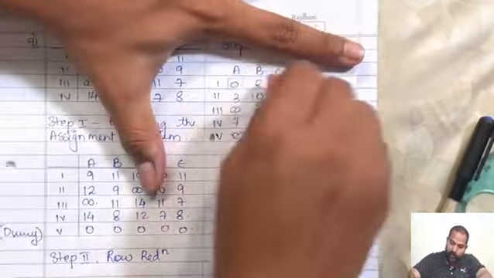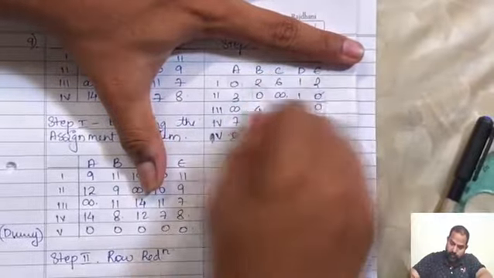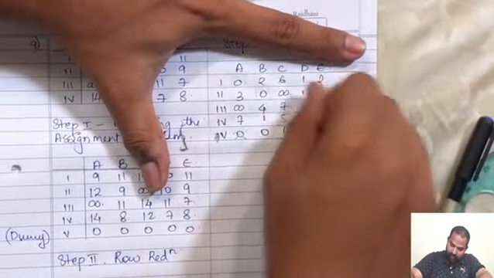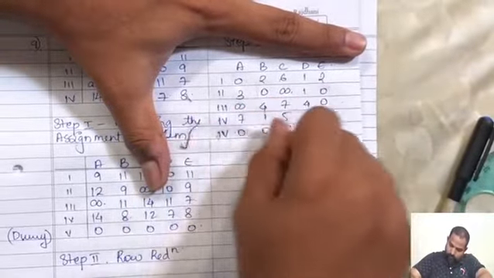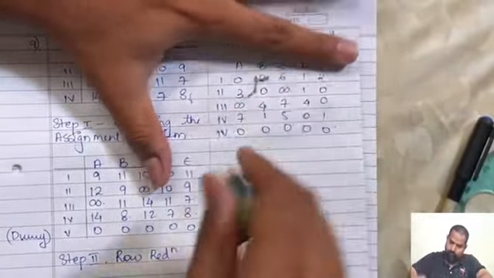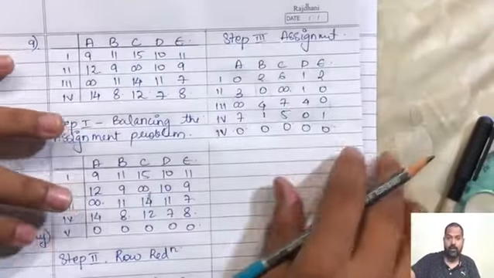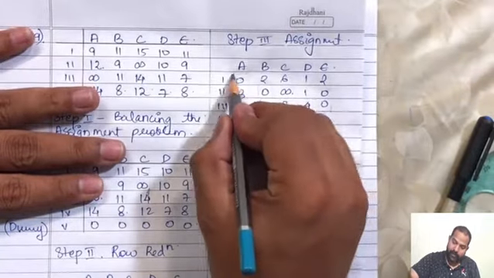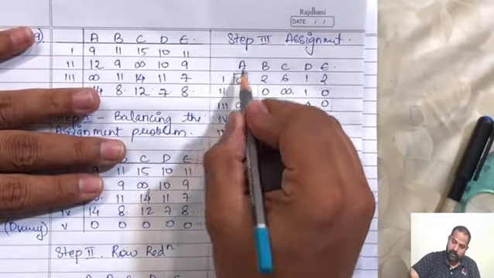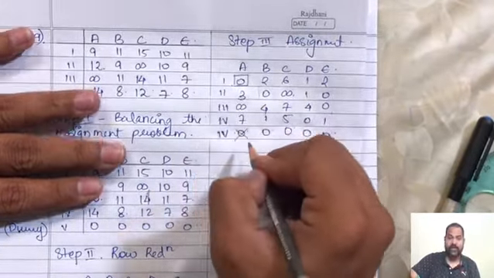I'll repeat this quickly. Let's start row wise. 1 zero, mark it as an assignment. Then in that column, if there is a 0, cancel it out.